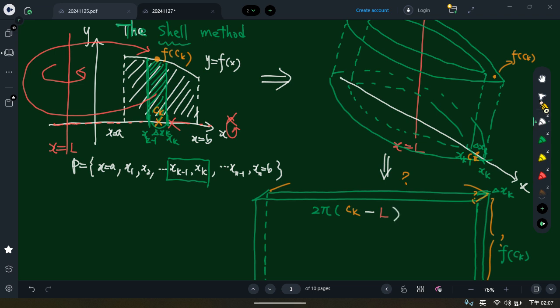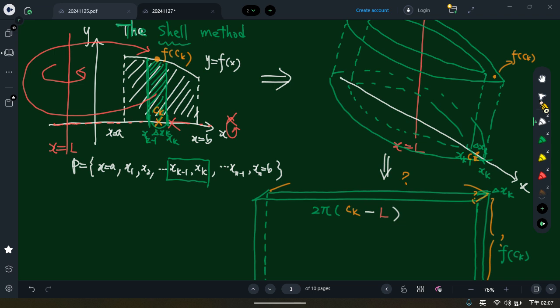Because c_k is here and the center will be this axis, so the distance is c_k minus L. We use this as the radius, and 2 pi r is the circumference.